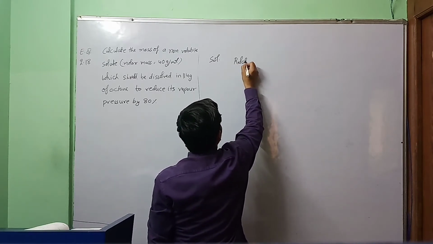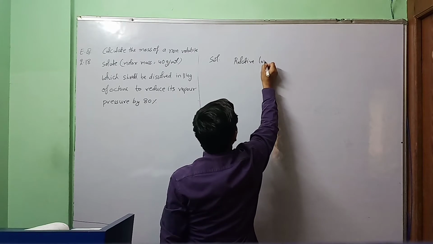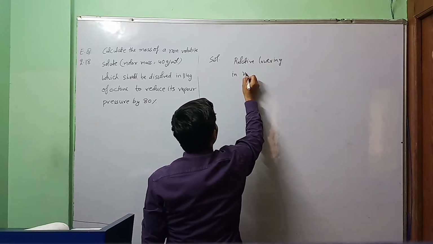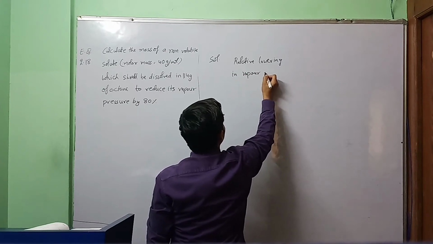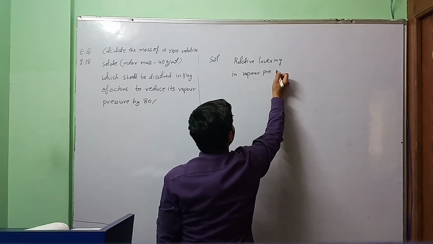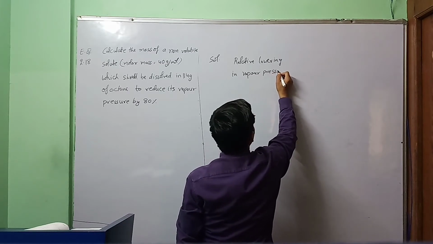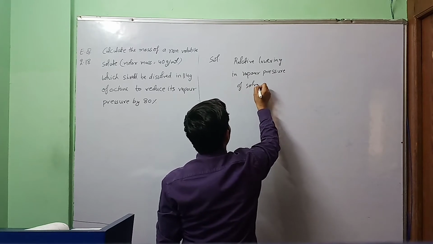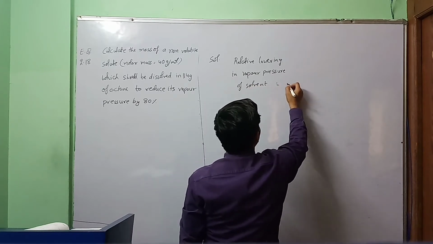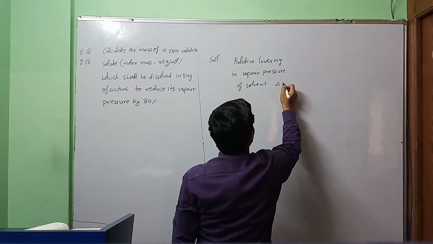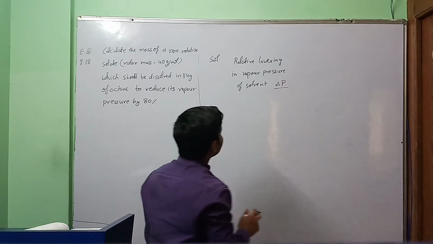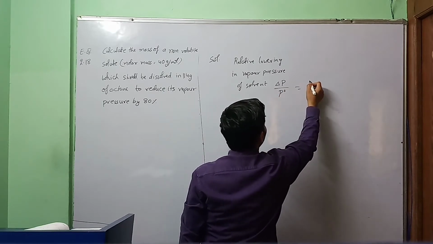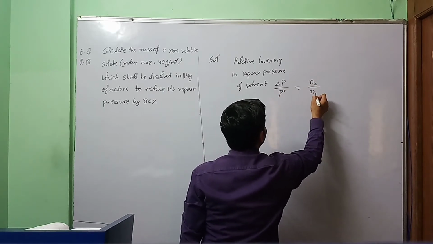Relative lowering in vapor pressure of solvent, delta P upon P naught, equal to N2 upon N1.